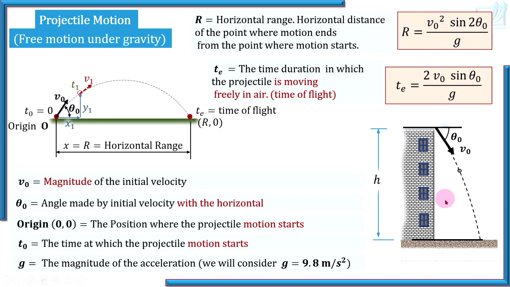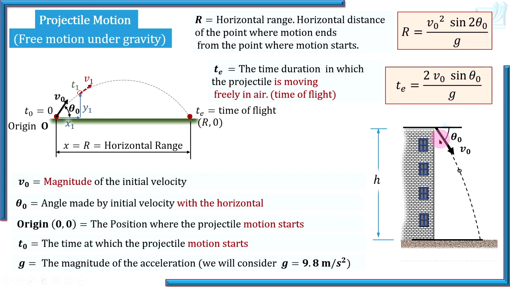So in this case, how to find the range? Of course, we are going to study that. But what is very important to remember at this stage is that both these formulae are derived in the same-level situation. If motion starts and ends at the same level, then only you should use these formulae. From the top of a building, a ball is thrown at an angle theta 0 in the downward direction.